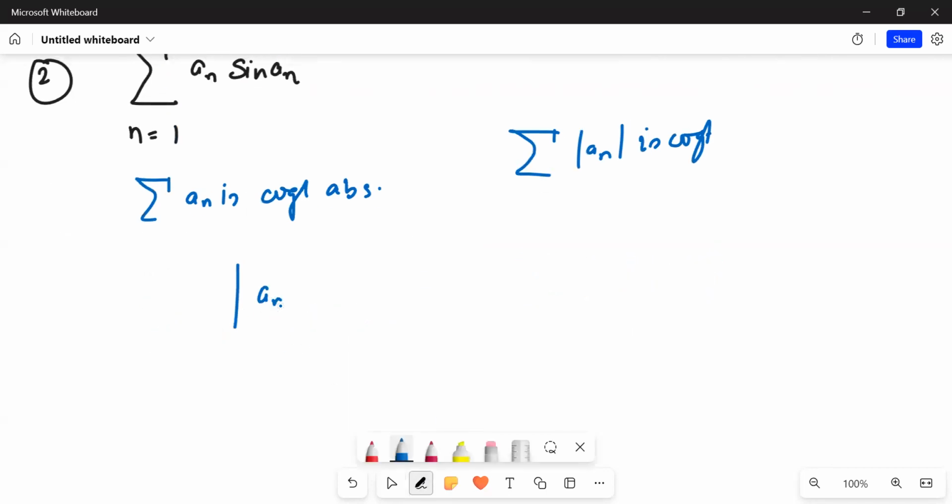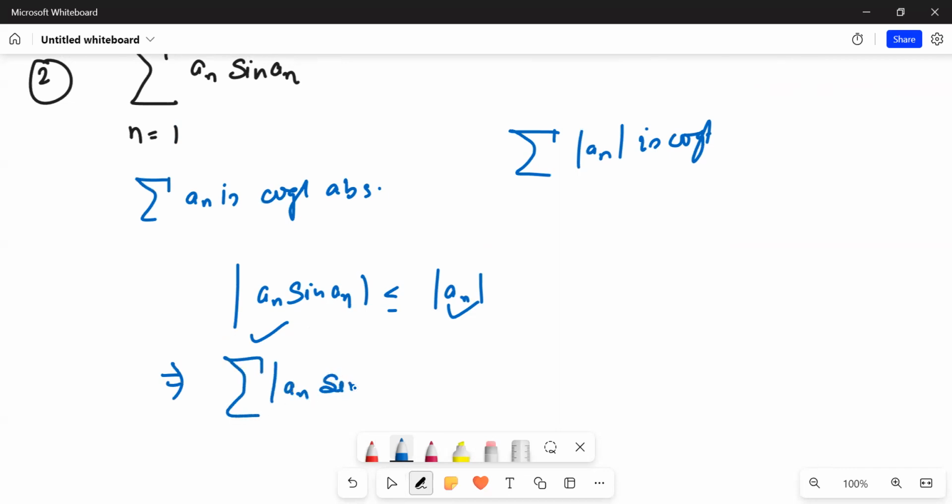So modulus of an sine n would be less than or equal to modulus of an. Since this is absolutely convergent, it implies summation modulus of an sine n is convergent. And being absolutely convergent implies that summation an sine n is convergent.